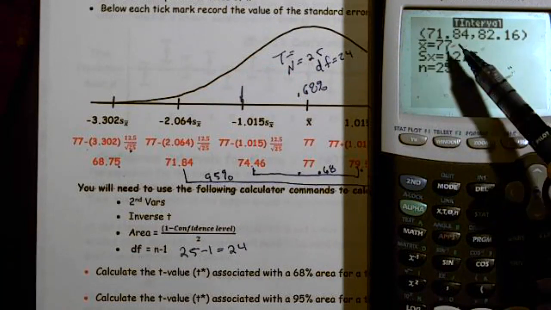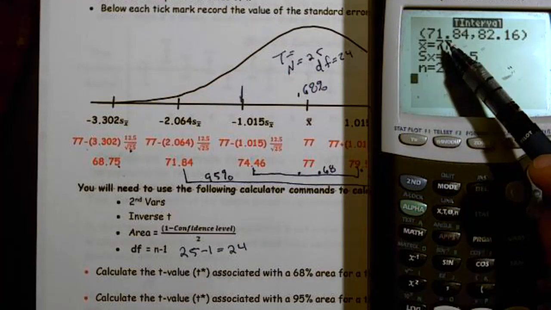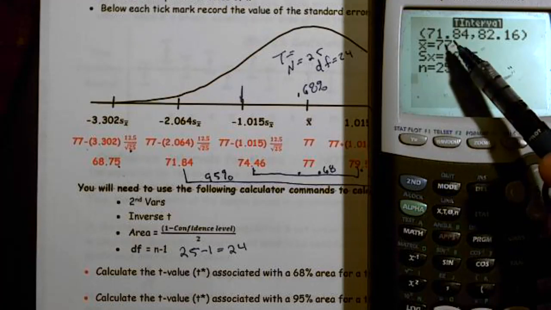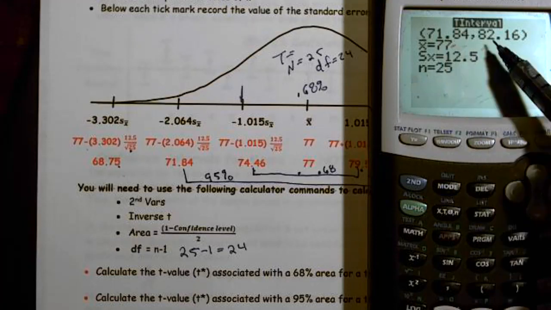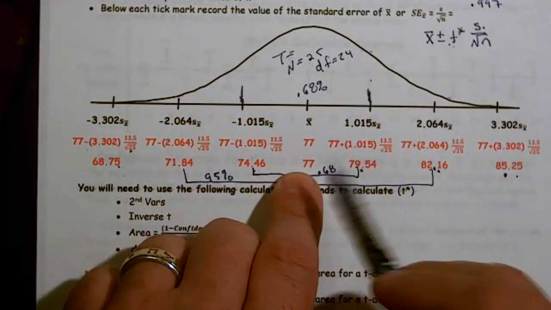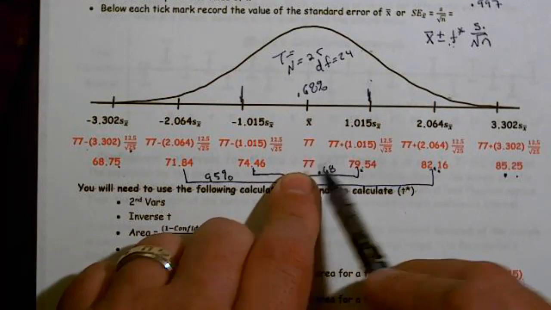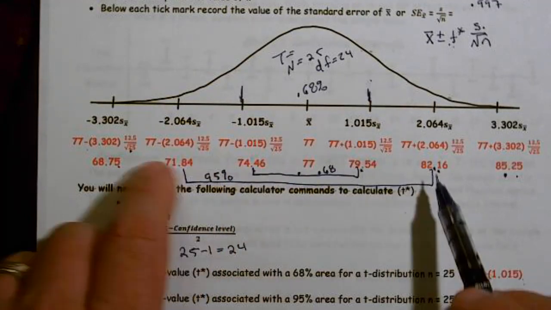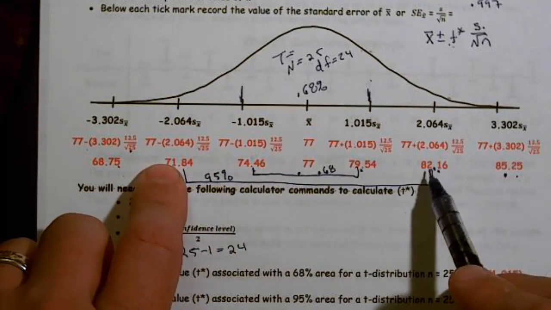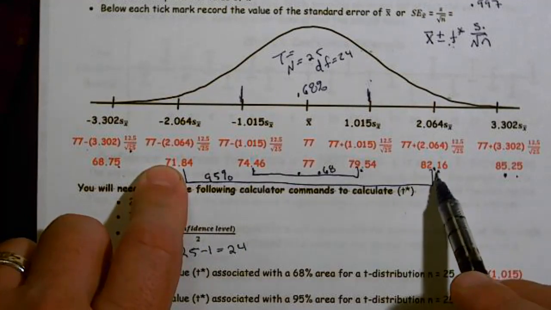When we do that, we're basically saying that we're 95% confident that the true population mean falls between 71.84 and 82.16. Our best single estimate is 77. The sample mean is always our best estimate. But we are saying, you know what? We know that our samples could vary, and we're 95% confident it lies within this interval.